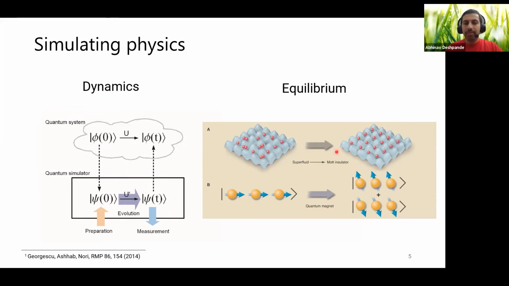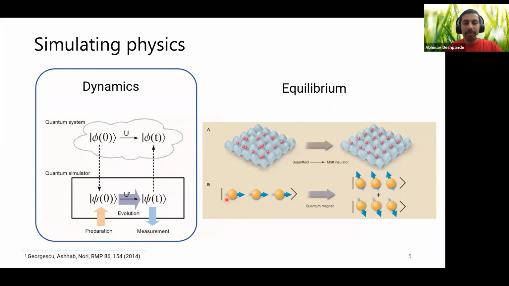The other is equilibrium, where we mimic certain equilibrium properties of some target state or target distribution. Both these figures are from the same review paper.